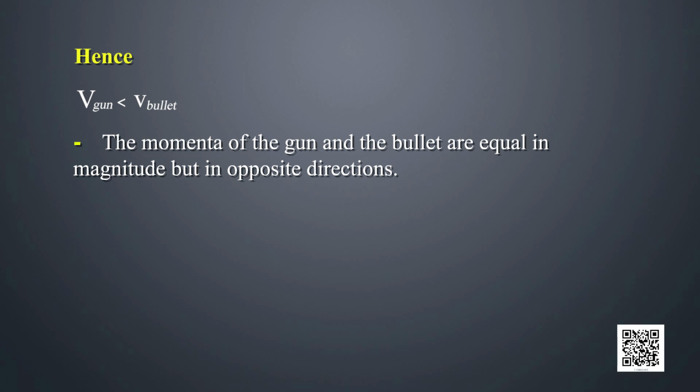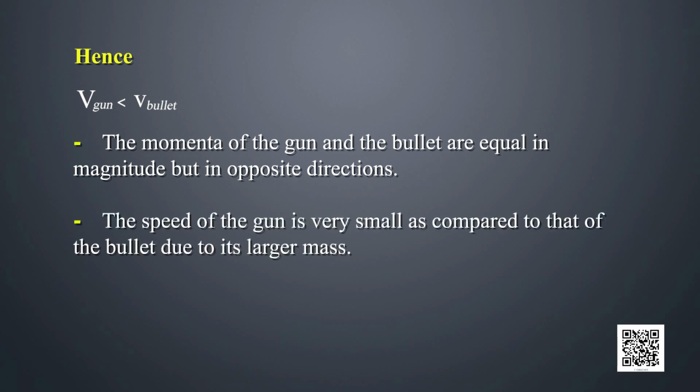This is because the momenta of the gun and the bullet are equal in magnitude and opposite in direction, but the speed of the gun is very small as compared to that of the bullet due to its larger mass. There are a very large number of examples wherein we can apply this principle of conservation of linear momentum.